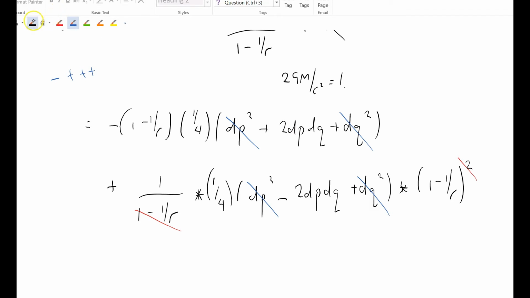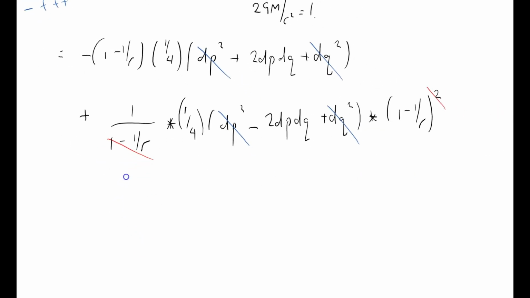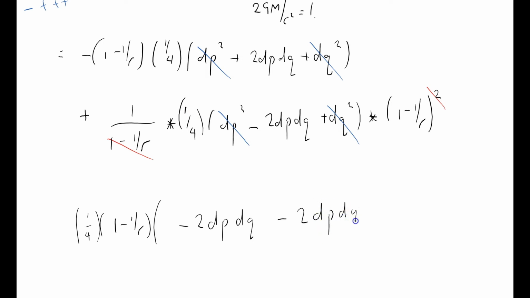So I'll go back to black, if I can find it. There it is. And what have I got left? Now, I've got (1 minus 1 over r), which I'm going to take out. I'm going to take out a factor of a quarter, and here I've got a minus 2 dp dq, which is this term here, minus a quarter, (1 minus 1 over r), 2 dp dq.